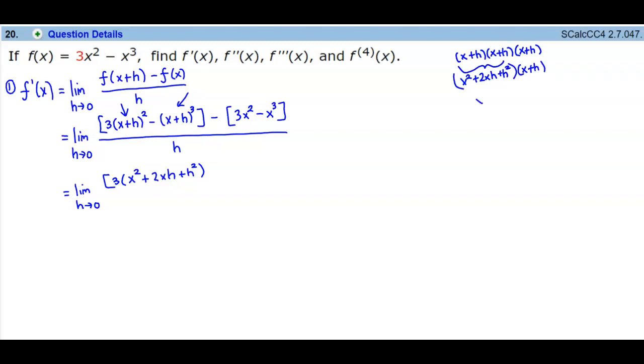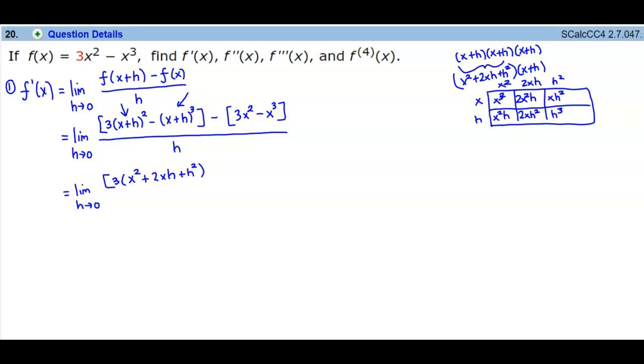So if we did that using the box method, whichever method that you want to use, the binomial theorem, we're going to go ahead and multiply that all out. So we have x cubed, 2x squared h, xh squared, x squared h, 2xh squared, and that's h cubed.